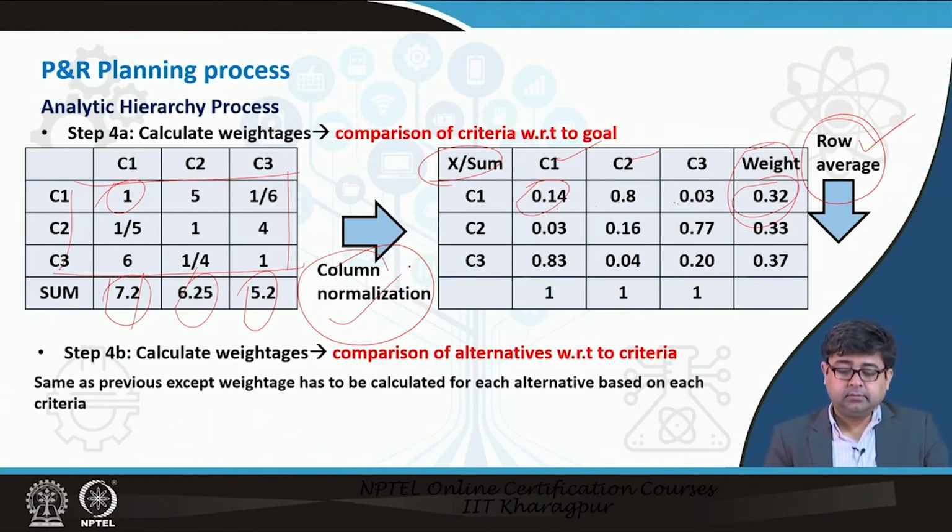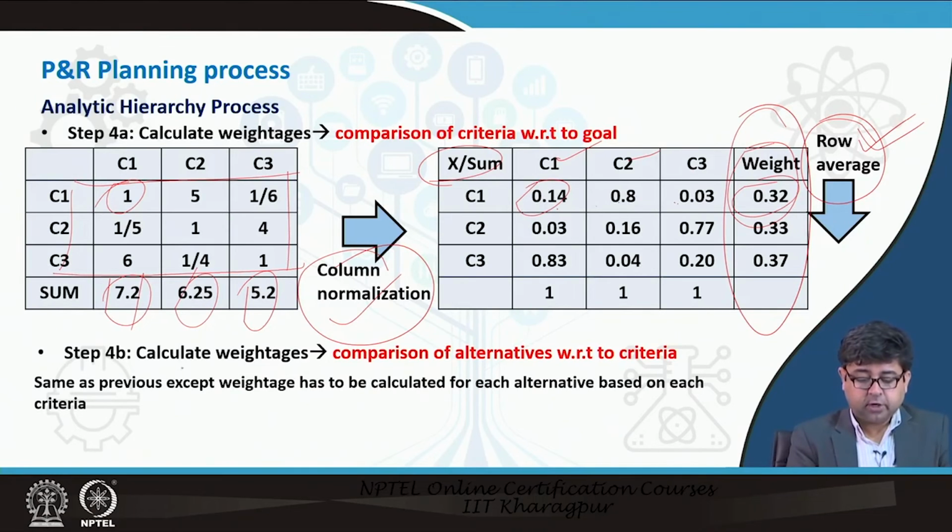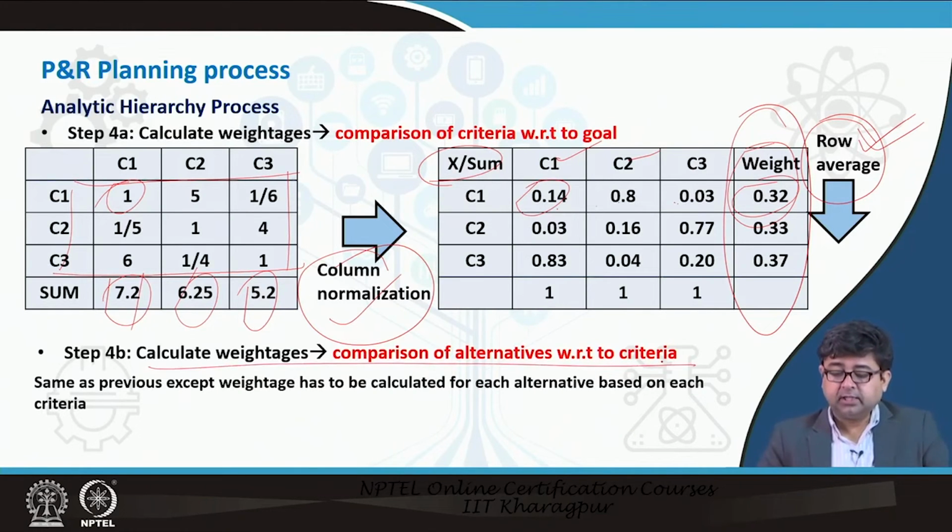So, first you develop a normalized matrix from the existing decision matrix, then you develop this additional column of the row averages. You do similar calculations for all the alternatives with respect to the criteria.